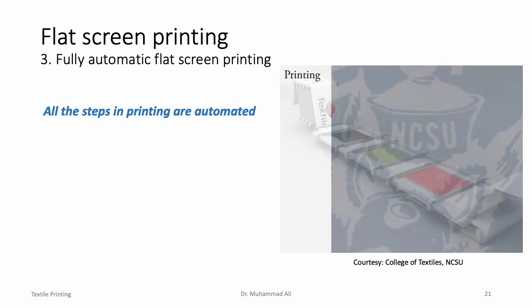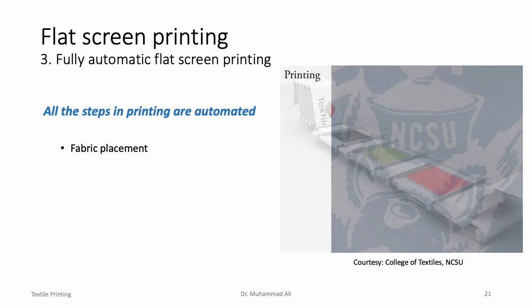Right, the third variation of the flat screen printing process is known as the fully automatic flat screen printing process. And as the name implies, all the steps in the printing process are automated.